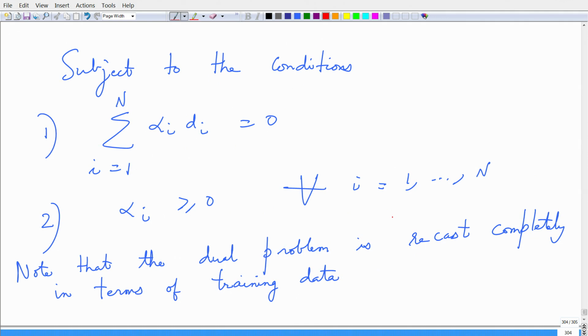Okay. What are the conditions? We have the same conditions. One is summation i equals 1 to n alpha i di equal to 0, because we are connecting alpha i and di. The other condition is in terms of alpha i's: alpha i is greater than or equal to 0 for every i equals 1 to n.